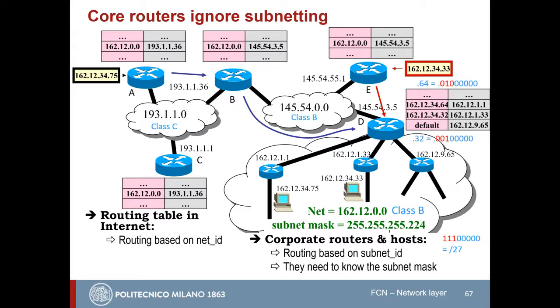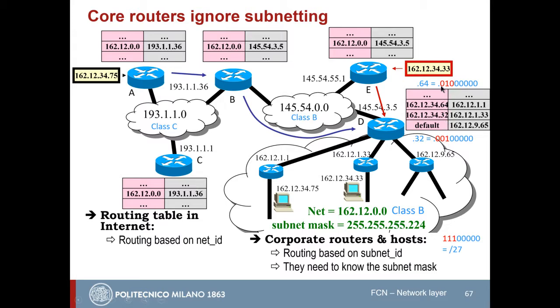One of the packets is matching with the first entry, the other one is matching with the second entry. The first entry is .64 in the last byte, which means 010. The other one is .32, which means 001.